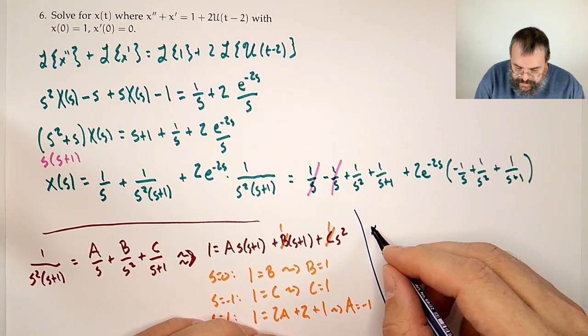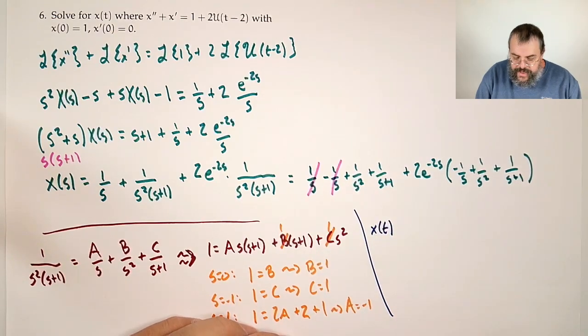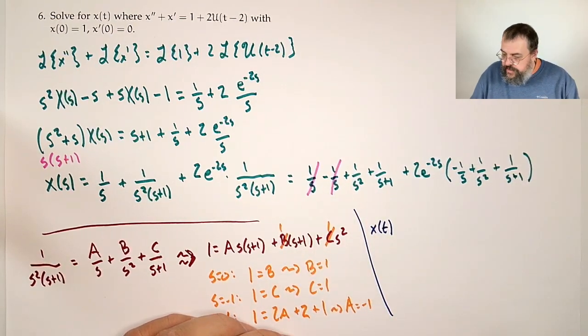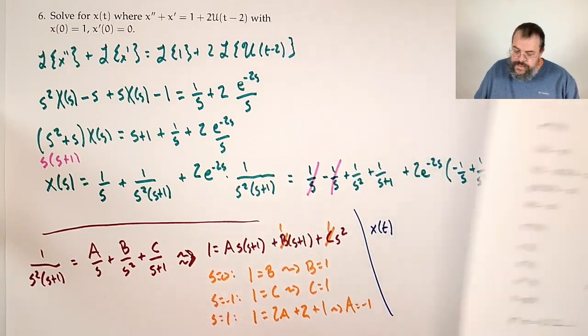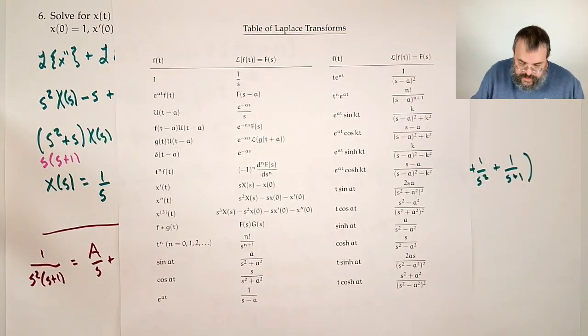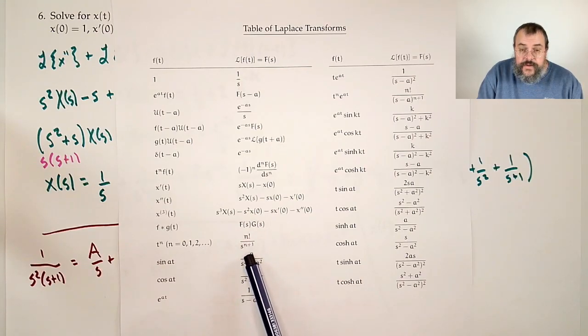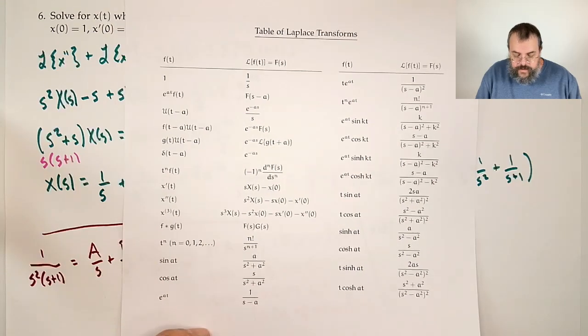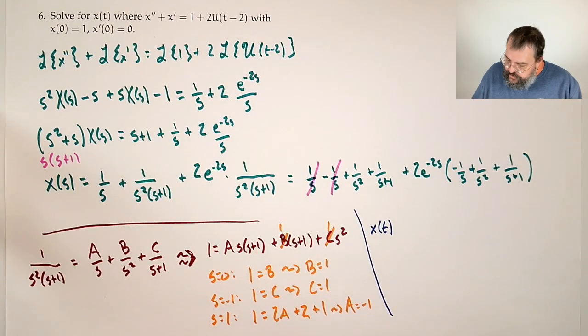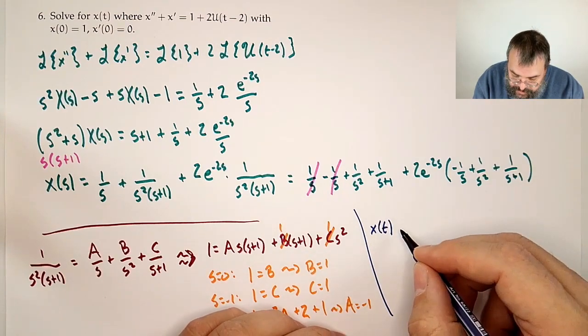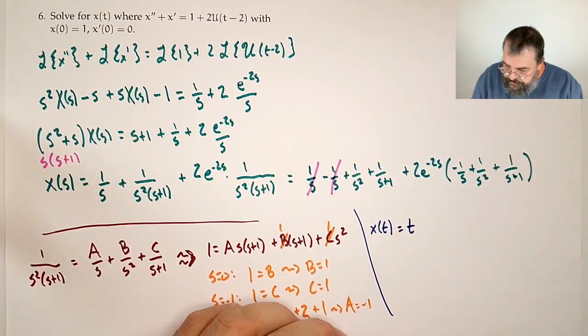So what is x of t? So we go through 1 over s squared. Well, is that on our list? It's almost on our list. That would correspond to n equals 1, right? 1 factorial over s squared. So that is going to be t.